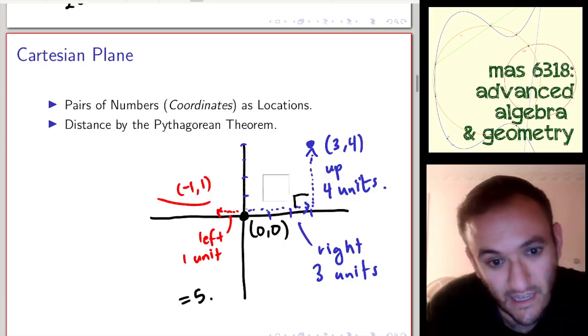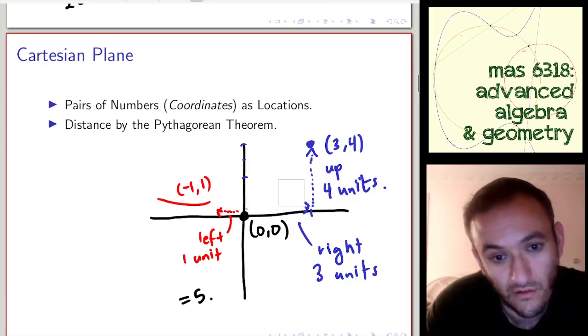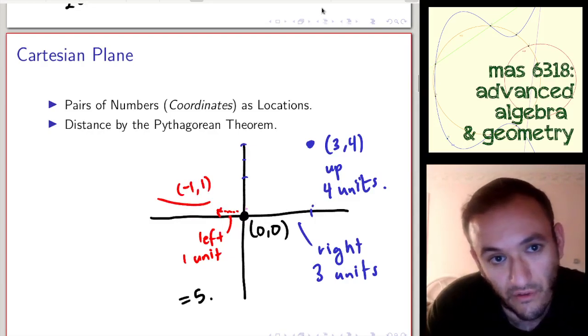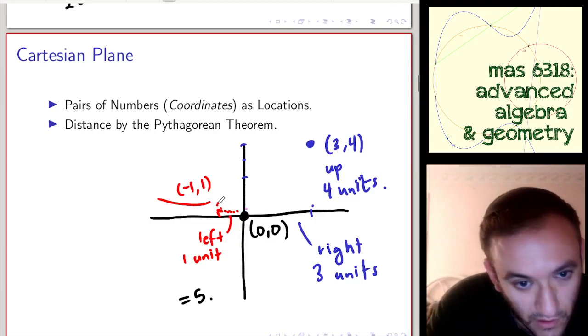So let's say instead of going from 0, 0 to 3, 4, I'm going from -1, 1 to 3, 4. So let's mark -1, 1 again. There we go.